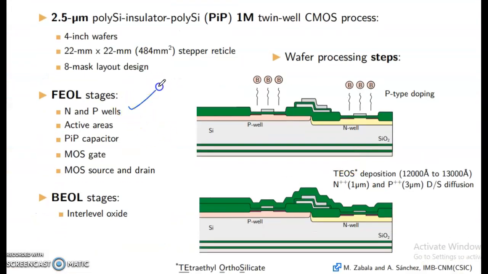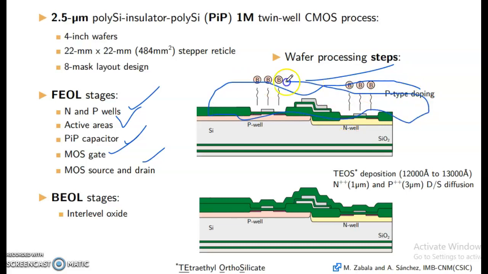And then in FEOL stages, N and P wells, active areas, PIP capacitor, MOS gate, MOS source and drain. In wafer processing steps, here P-type doping. Already we have shown those slides. Here what is doing here?